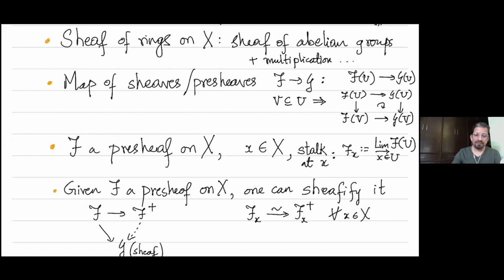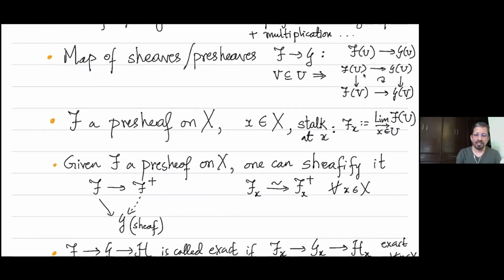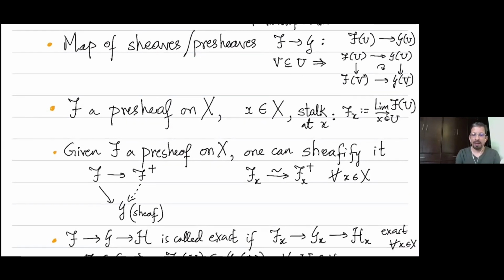So a map of sheaves or map of pre-sheaves. Pre-sheaves are a larger category than sheaves. Sheaves are pre-sheaves which satisfy a gluing condition. So typically when I define something for pre-sheaves, of course, it's immediately also defined for sheaves. A map of pre-sheaves is again a functorial definition.